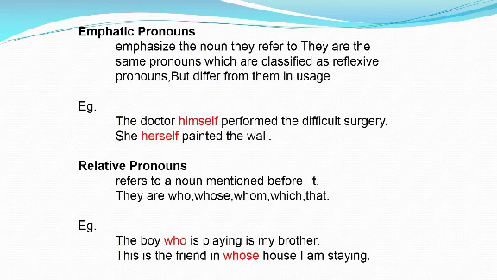Next one is relative pronoun. Relative pronoun refers to a noun mentioned before it. For relative pronoun we use who, whose, whom, which and that. For example, the boy who is playing is my brother.